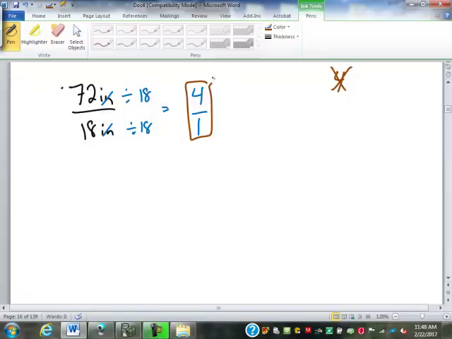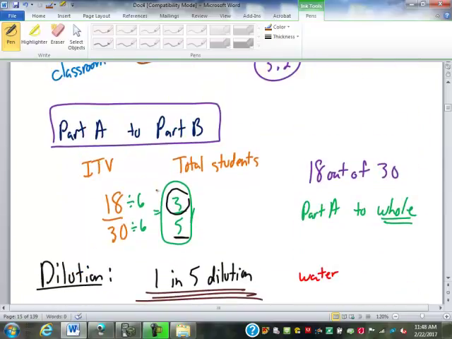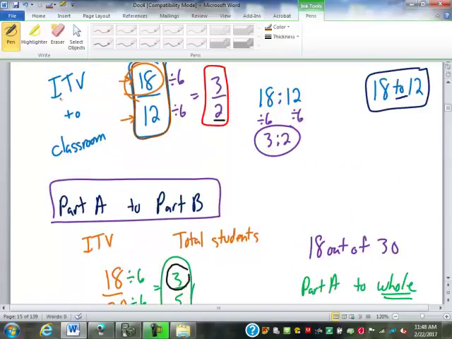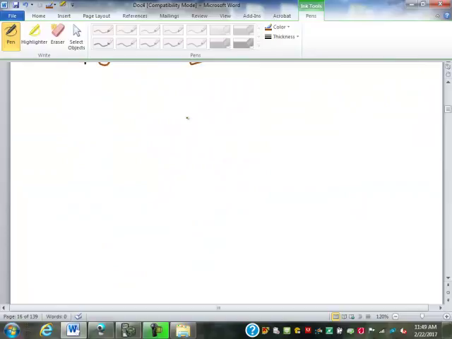Now, what you'll notice in all of the ratios we've made so far, here we compared inches to inches. Here we compared parts to parts. Up here, it was students to students. Every ratio we've done so far, we've compared two things that have the same label or the same units.